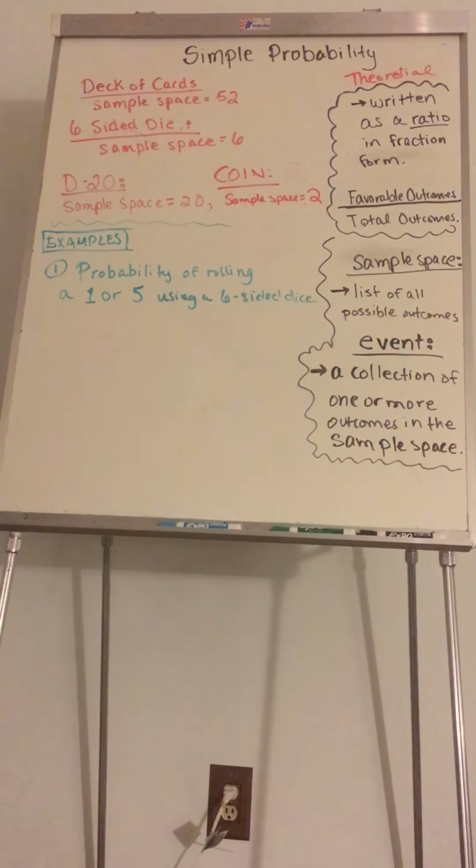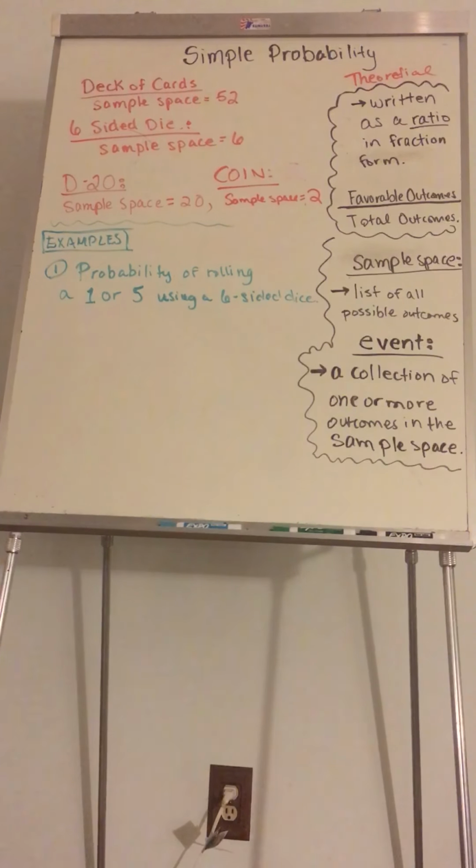A coin, like a quarter or a dime, has a sample space of 2 because there are 2 sides, okay? Another thing could be 20 Skittles, where the sample space would be 20. A 6-section spinner again has a sample space of 6 because there are 6 possibilities that the spinner could land on.